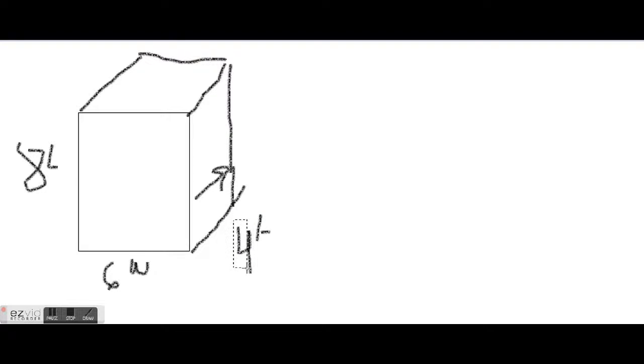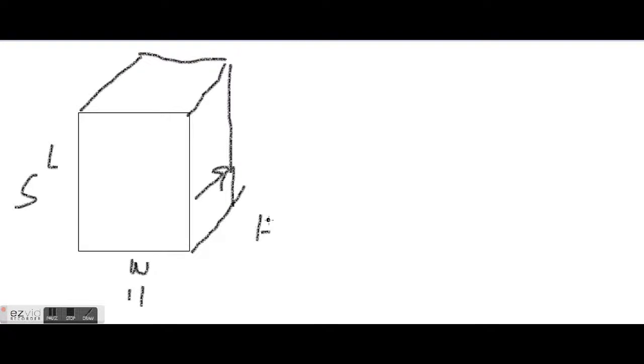So what will be our width? Our width is 11. That's good. Our length is 5. That's good. And our height is 21. So length times width is 55, and then we have to multiply by our height, which is 21.